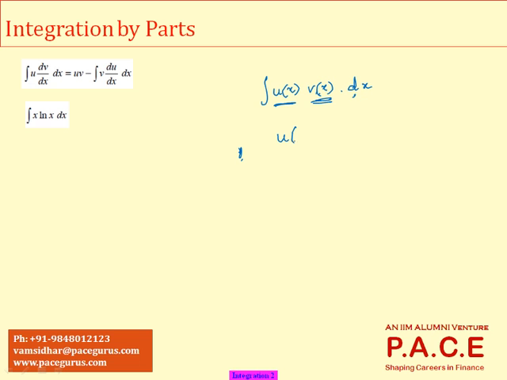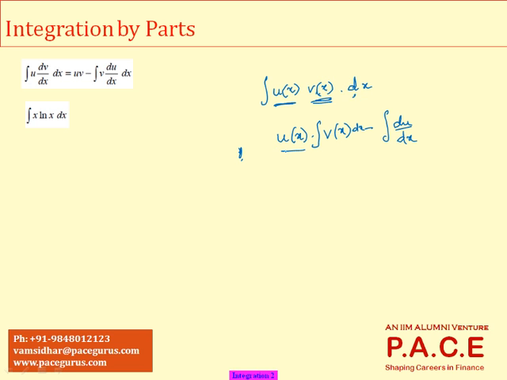First, you take u of x as it is and do the integration of v of x, minus the integral of the derivative of u of x. This is the way.